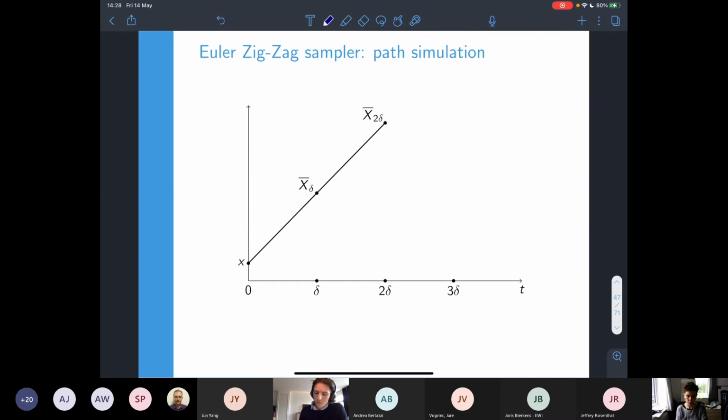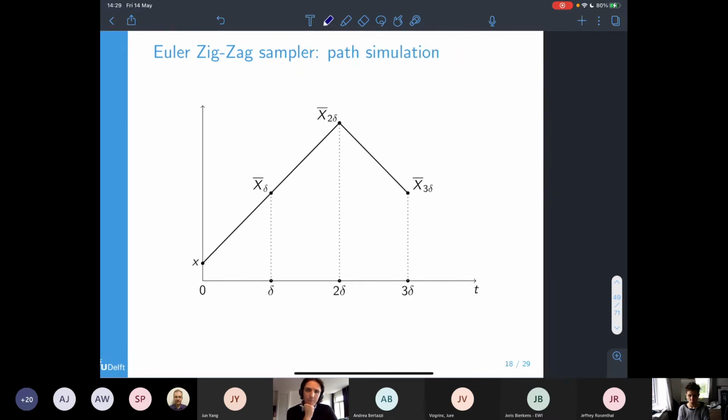Say in this case we don't flip, we will then continue with positive velocity. Again, we have the two choices, either we don't flip or we flip. In this case, we will update the velocity vector, and this would be a possible trajectory in a 1D example.